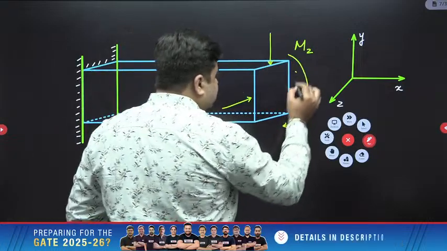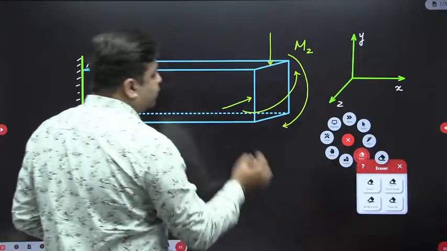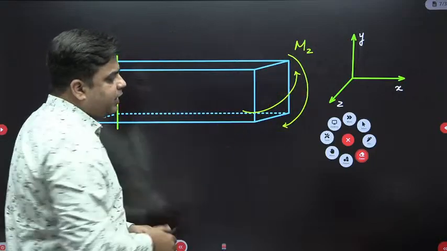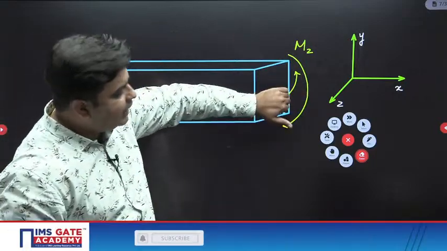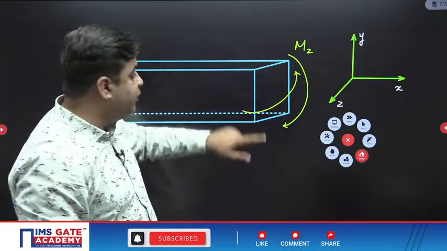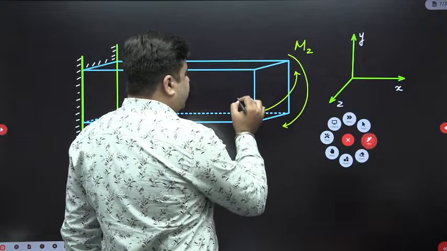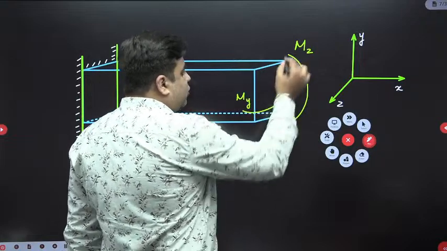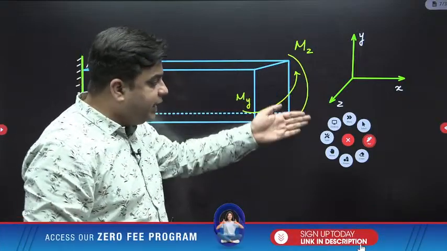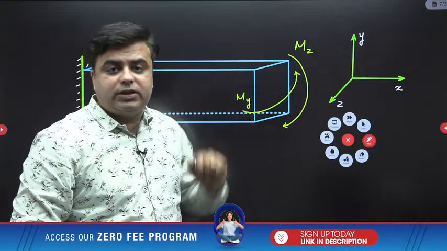Moment like this is going to cause the bending. Now sir, which moment is this? For determining the direction of this moment, just curl your fingers along the direction of moment and the extended thumb will tell you the direction of this moment, which is My. So out of Mz and My, Mz causes bending in the vertical plane. My causes bending in the horizontal plane, and both of them are bending moments.